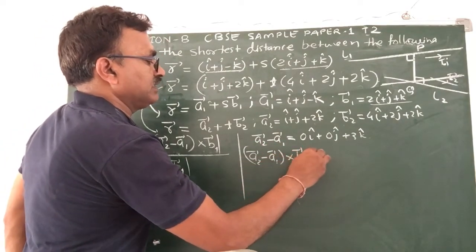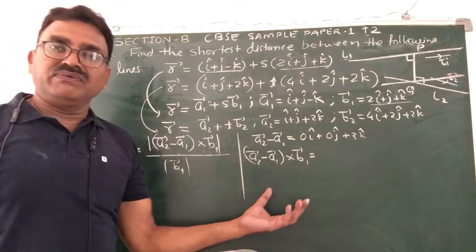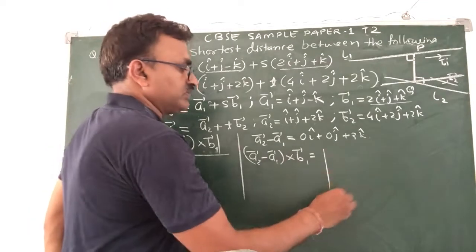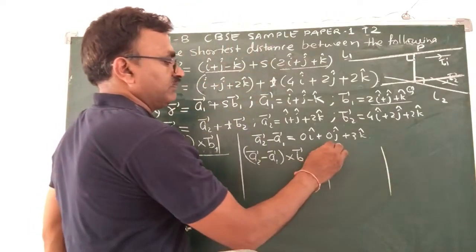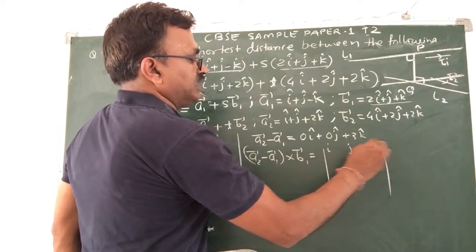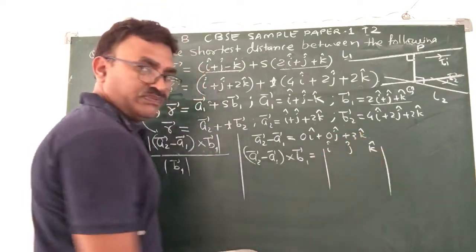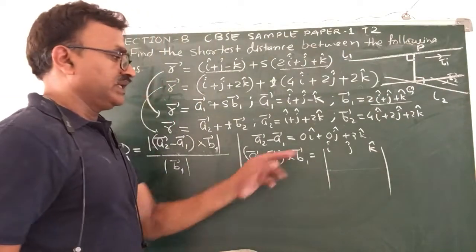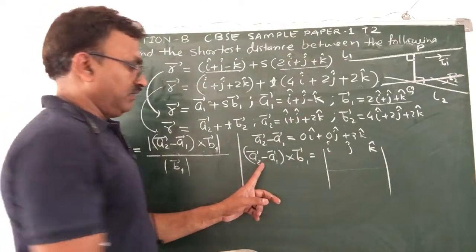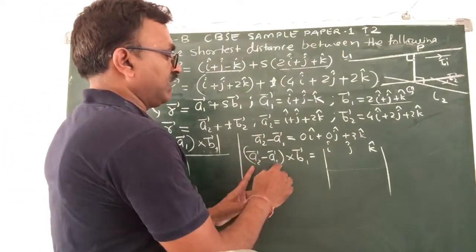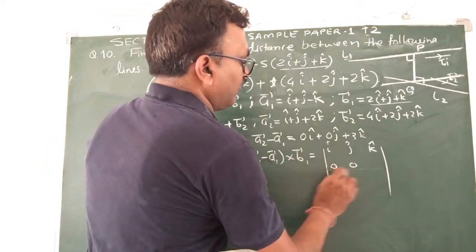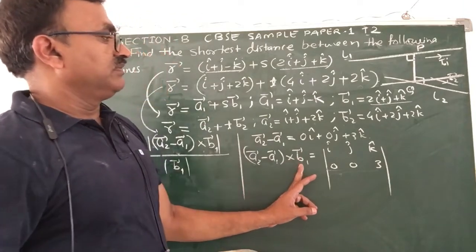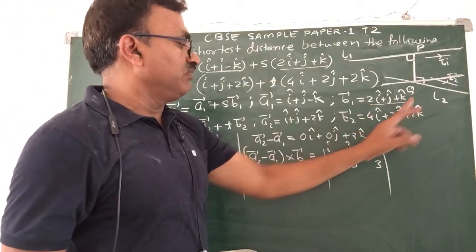Whenever we want to find the cross product of two vectors, we can do it easily by the determinant method. i, j, k is the first row, the second row is the coefficients of the first vector a2 minus a1, which is 0, 0, 3, and the third row is vector b1, which is 2, 1, 1.